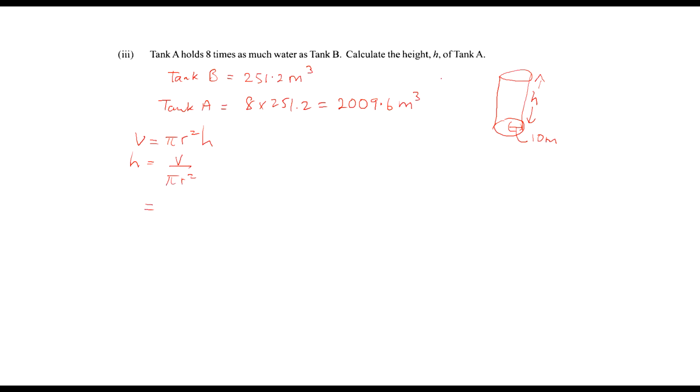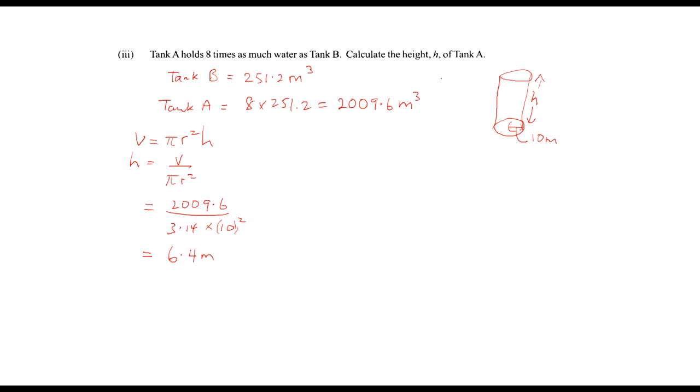The volume of tank A is 2009.6 over 3.14, which is pi, multiplied by the radius, which we worked out as 10, so it's radius squared. So 2009.6 divided by brackets 3.14 multiplied by 100, and we get 6.4. So the height of the tank will be 6.4 meters.